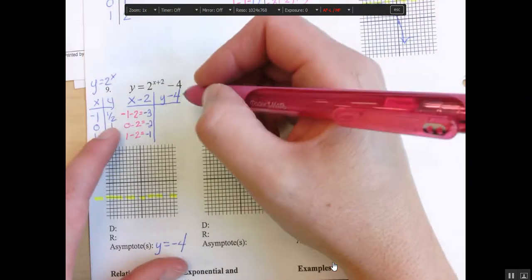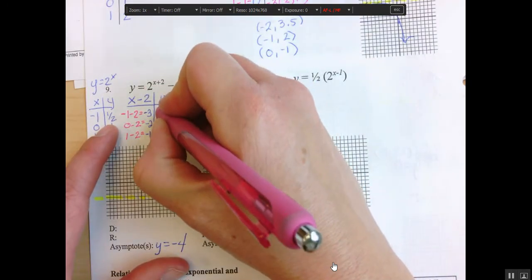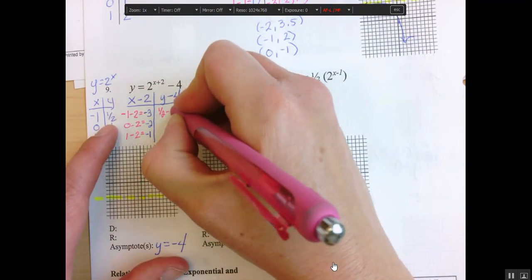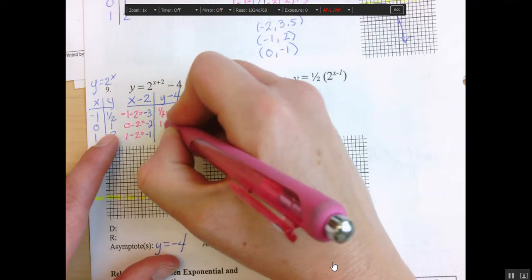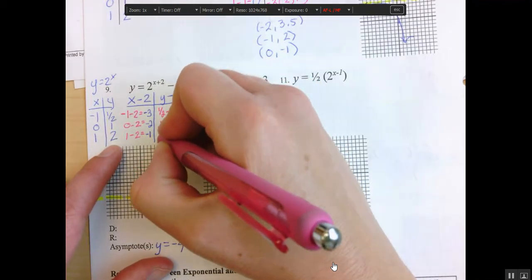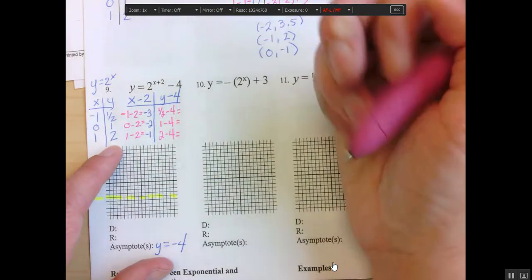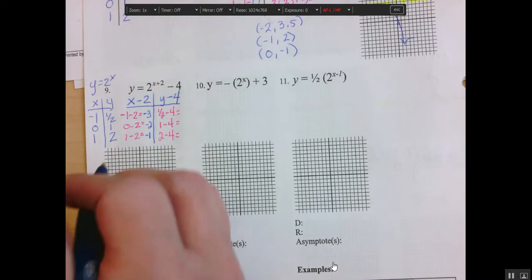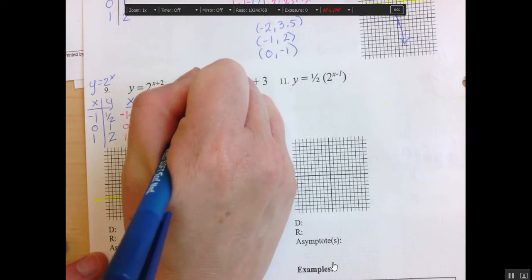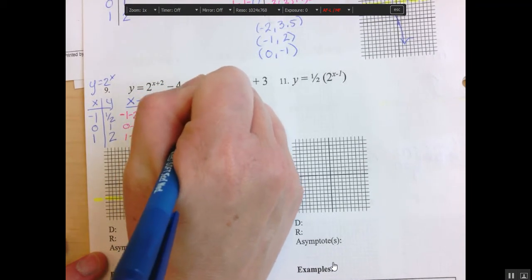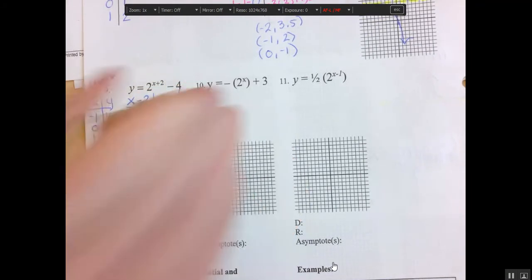And then y minus 4, so that's going to be 1/2 minus 4, 1 minus 4, 2 minus 4. Negative 3.5, negative 3, and negative 2.